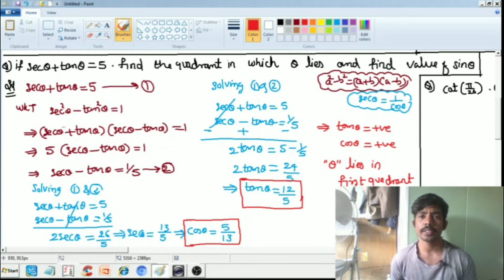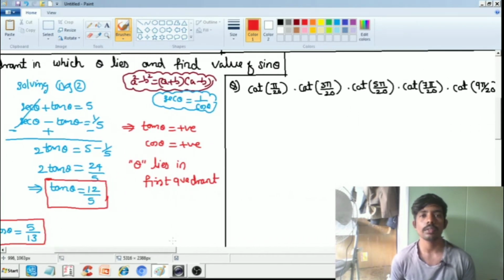Why first quadrant, why not second quadrant? In the second quadrant both are negative, that's the reason. In the third quadrant only tan is positive, cos is negative. In the fourth quadrant cos is positive and tan is negative. Hence we can say that theta lies in the first quadrant.